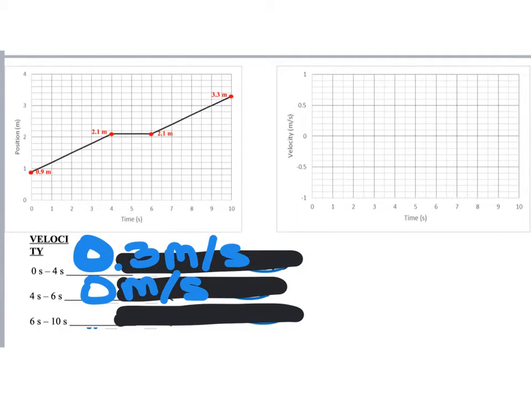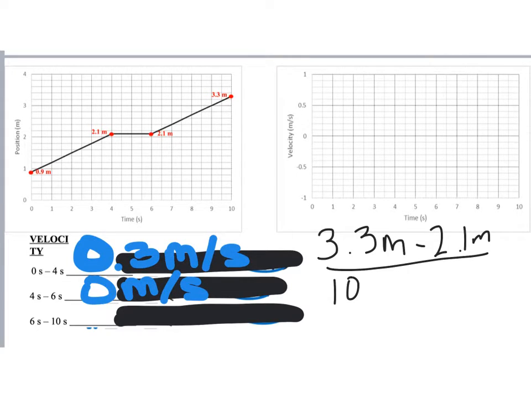So we're going to go back to our equation. Velocity equals displacement over time. We're going to find our displacement. So 3.3 meters minus 2.1 meters. Then we're going to find our time. 10 seconds minus 6 seconds, because that's where we started at.